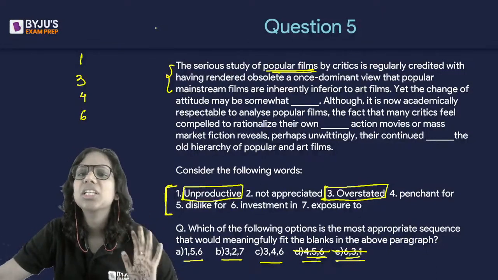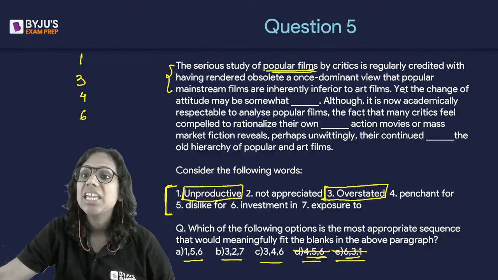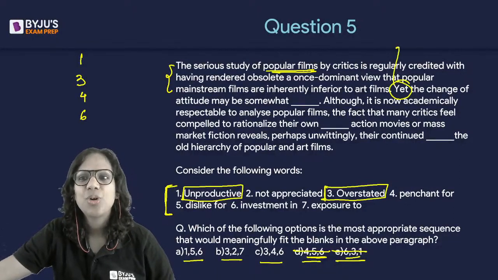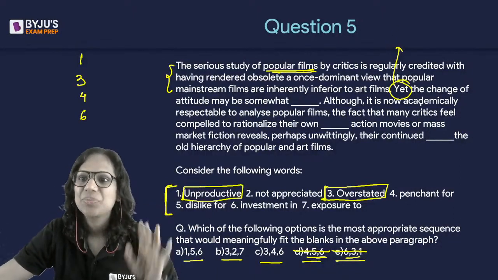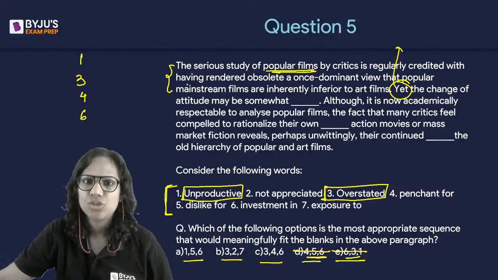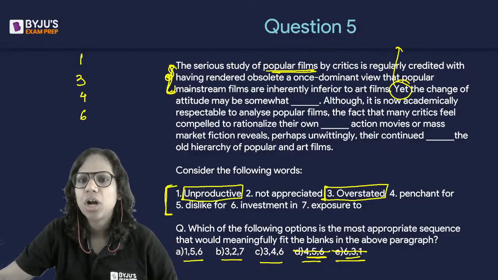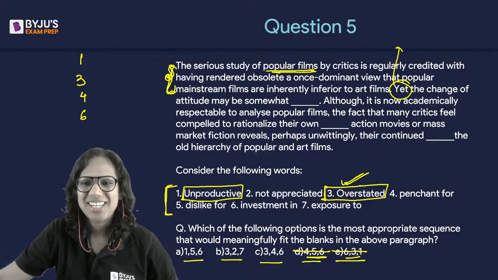Now we don't think that mainstream films are inherently inferior to art films. Yet, so yet is important. It indicates a contrast. Yet, the change of attitude may be somewhat overstated. So, we are saying that attitudes have changed. Now, we no longer think that mainstream films are inherently inferior to art films. Yet, the change may be somewhat overstated.